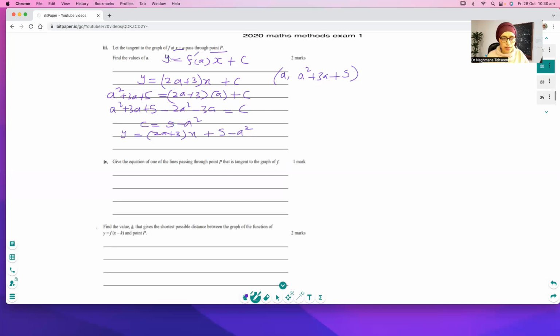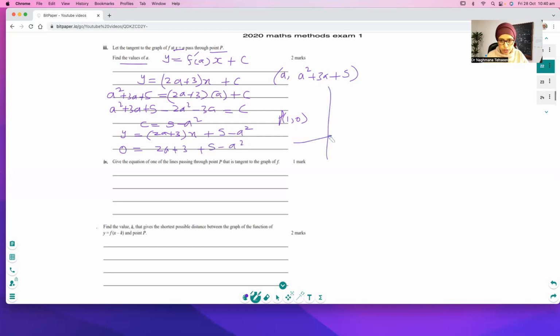Then we need to pass it through the point P, find the value of a. What was the point P? Point P is (1, 0). Now we need to use that, which means we're going to sub in there. x is 1, y is 0 will give us 0 equals 2a plus 3 plus 5 minus a squared.